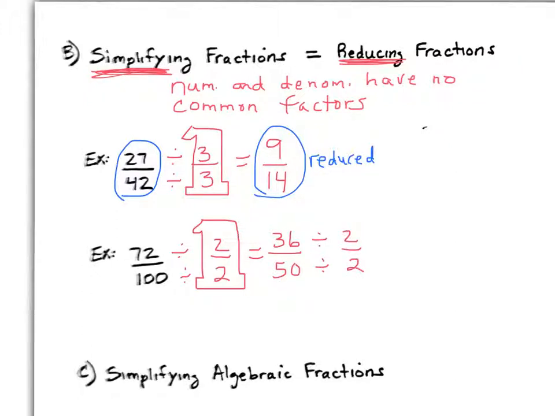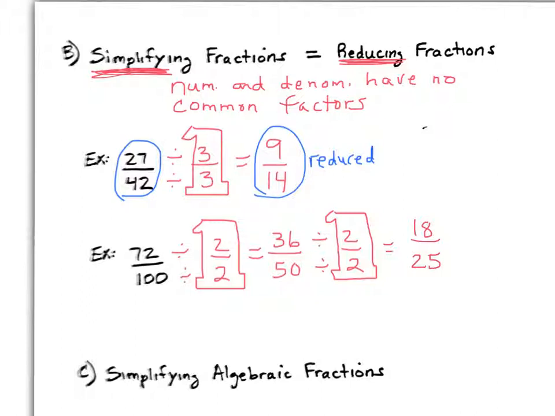Notice whatever I do to the top, I have to do to the bottom, because I'm using 1. And then I just divide. 36 divided by 2, 50 divided by 2. 36 divided by 2 is 18. 50 divided by 2 is 25. What can go into 18 and into 25?